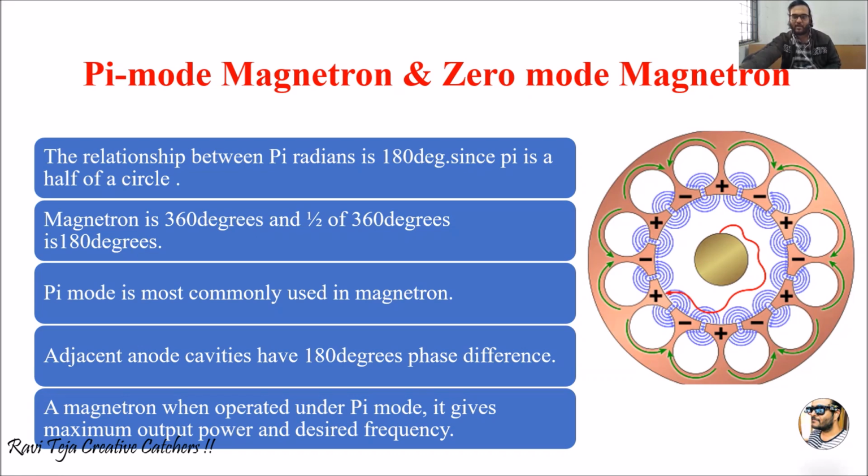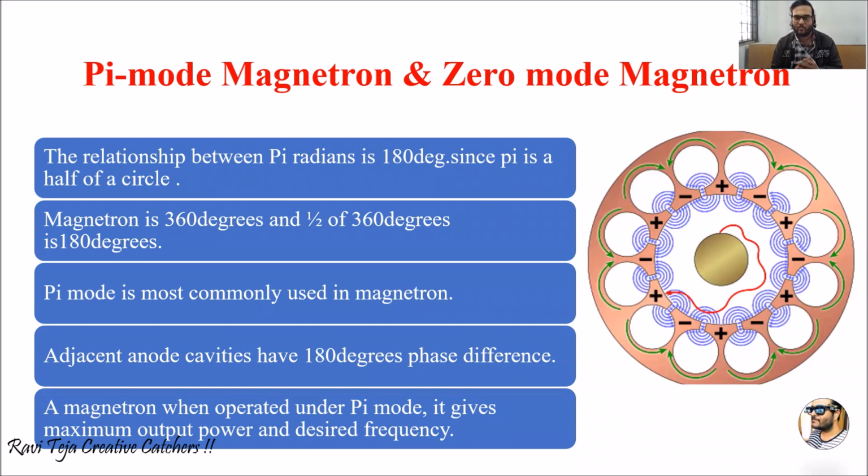Whenever the magnetron is in pi mode, half of the cavities are utilized, and each and every cavity comprises a 180 degrees phase difference. The electrons traveling to the cavities have a 180 degrees phase difference. If pi mode is operated in a magnetron, it gives maximum output power as well as our desired or required frequency.